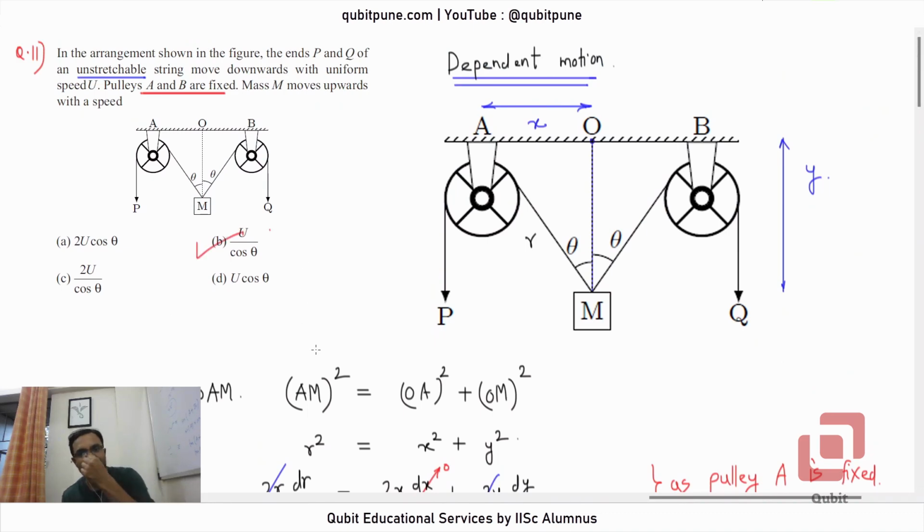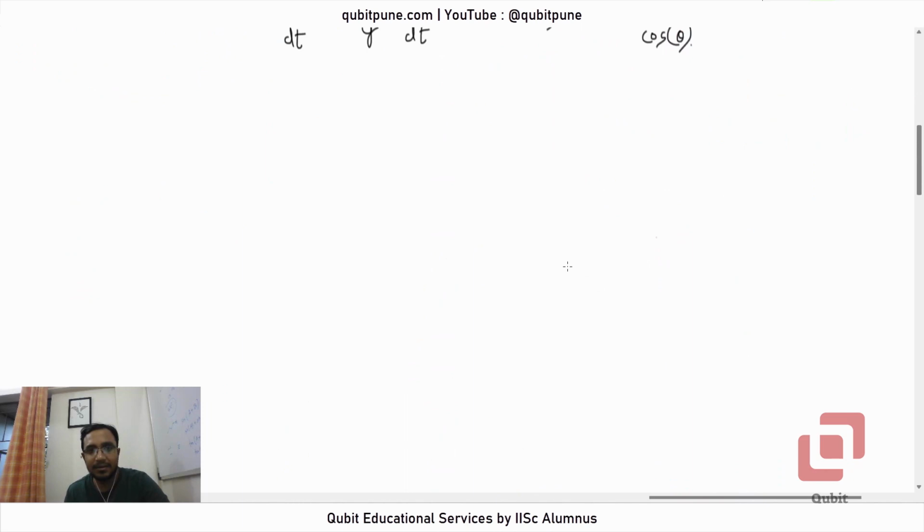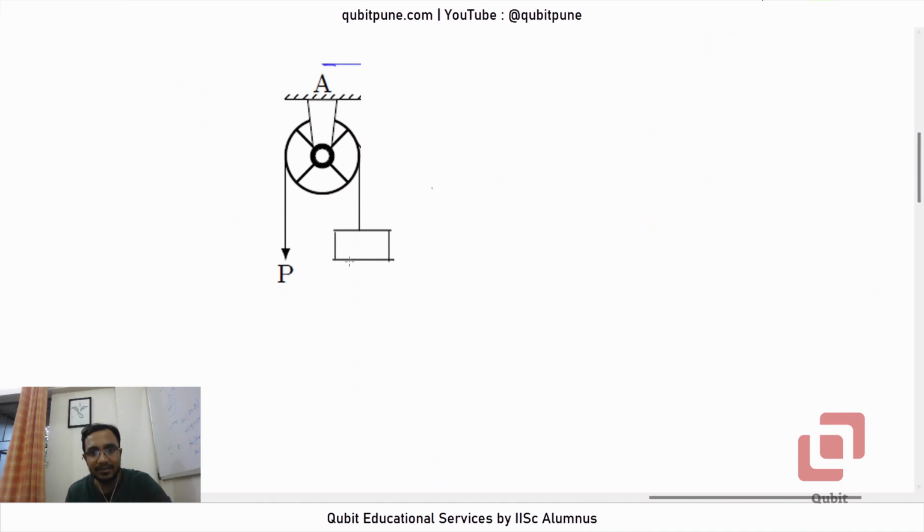Now you might be wondering, what is the purpose of the second pulley then? Should it not be 2u cos theta, because we did not consider the motion of the other pulley? Just imagine if I break this, then the arrangement would look something like this.